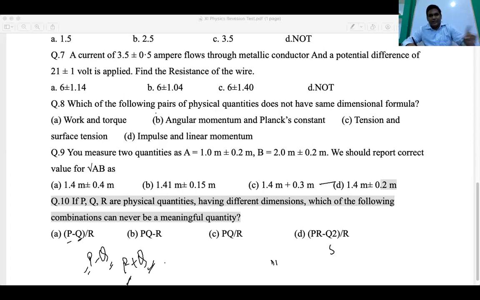P and Q do not have the same dimensional formula. So A will be your correct answer.